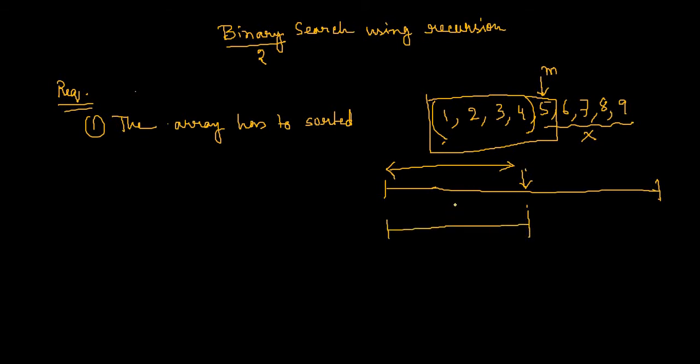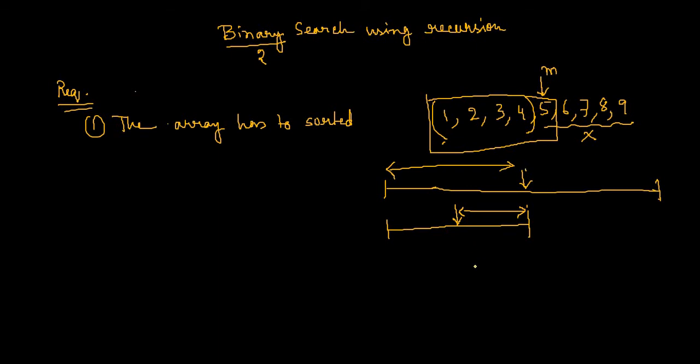Then you are again finding the middle one, and checking again whether the value that you are searching is greater than the value present in this middle one or not. Suppose you found that the value is greater than the new middle. Then you can be sure that the data is not present on this side; the data must be present in this particular part.